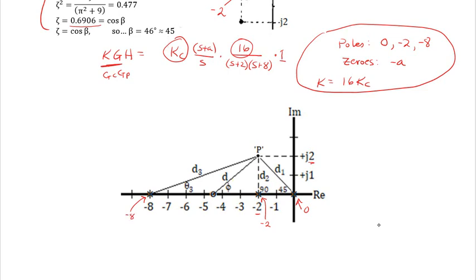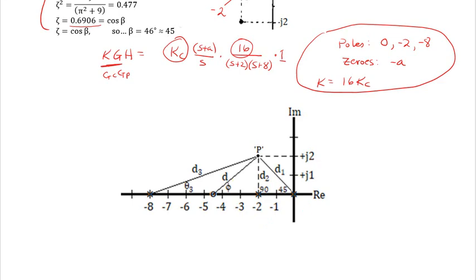We got our point P, which is a 45-degree angle from the origin, so we've got a few lines to draw and some notation.